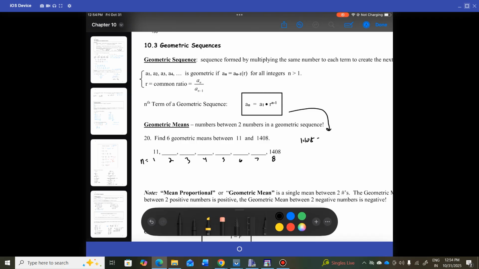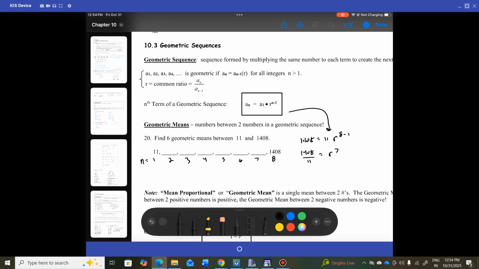1408 is the first term 11 times r, some value that we don't know yet, to the 8 minus 1. And so 1408 over 11 is equal to r to the 7th.